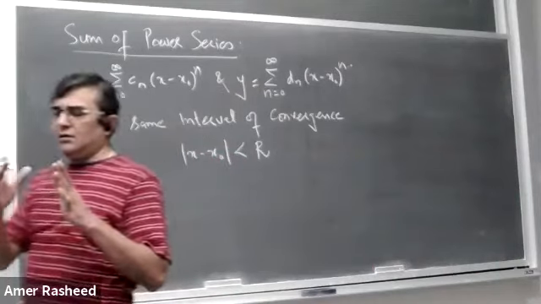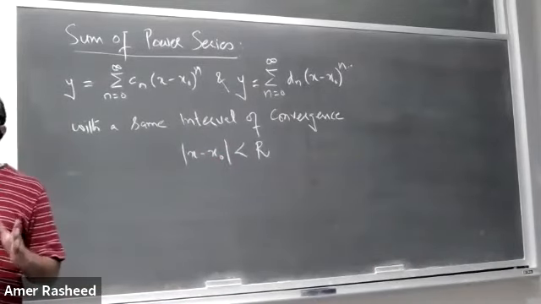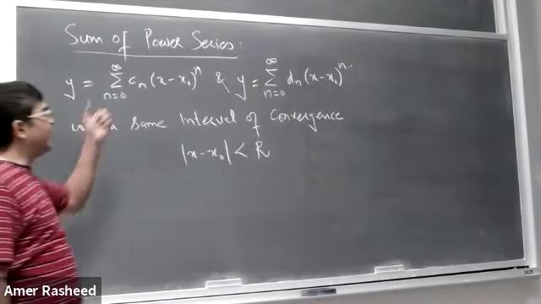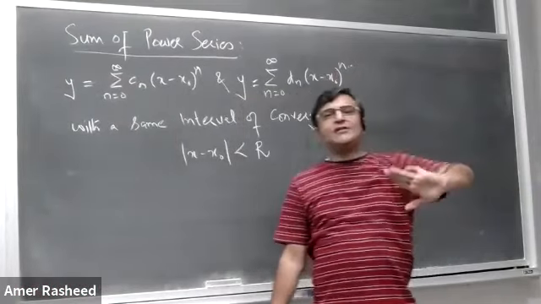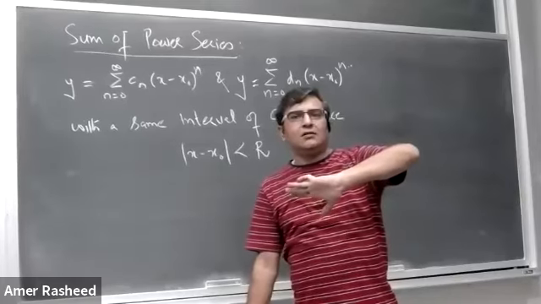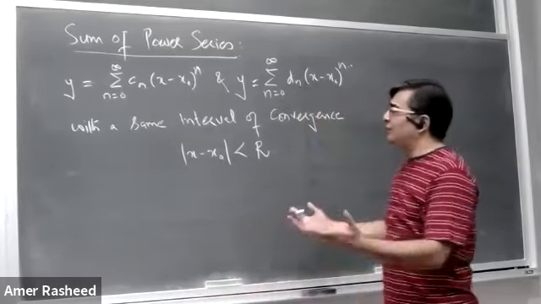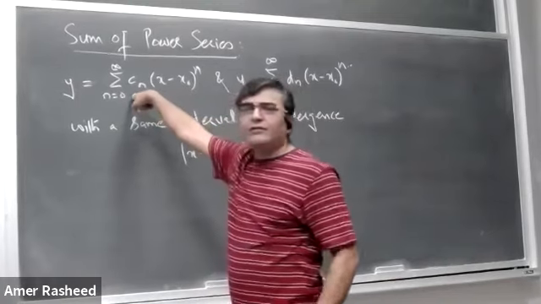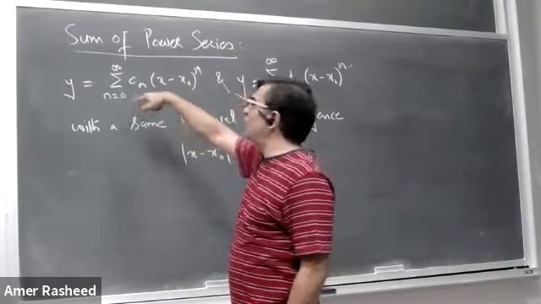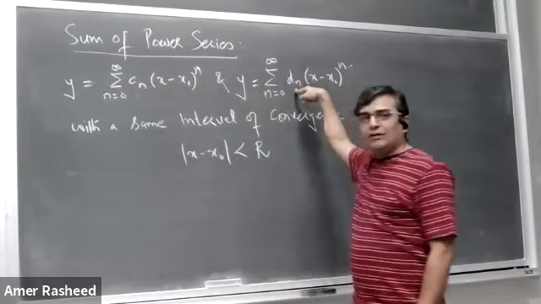And they will be added in a way that the same powers of x minus x naught are added correspondingly. So c naught, which doesn't have any x, should be added to d naught.